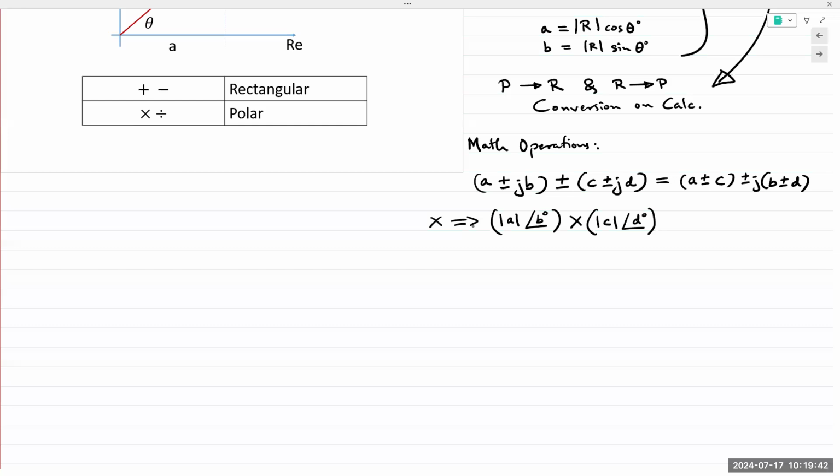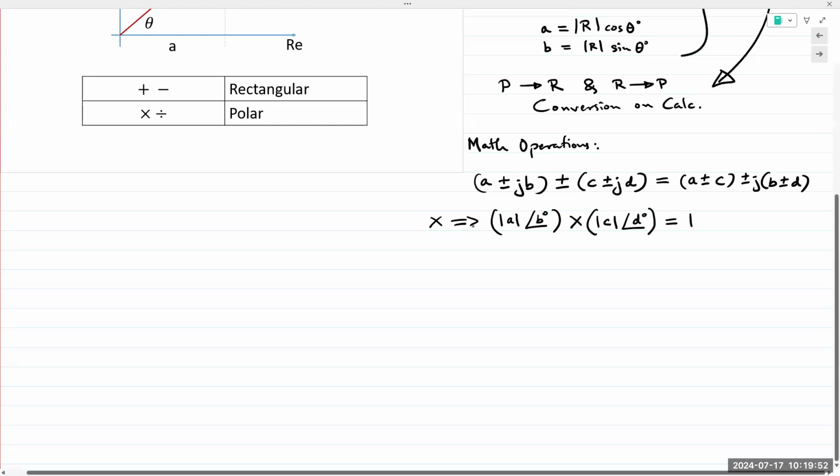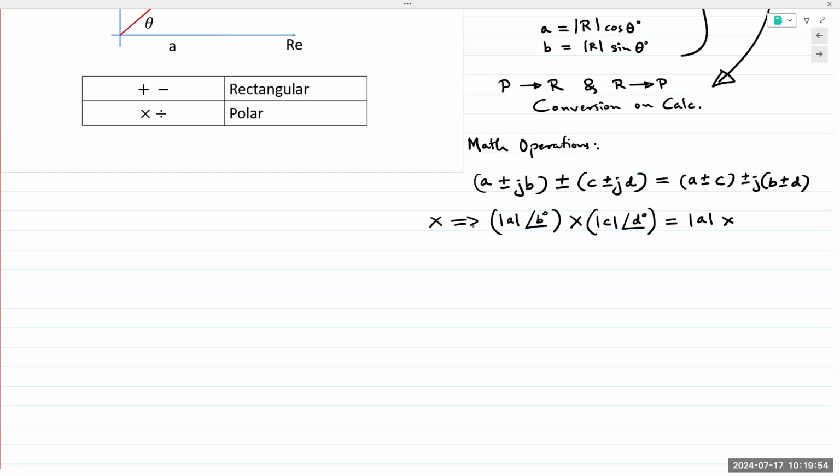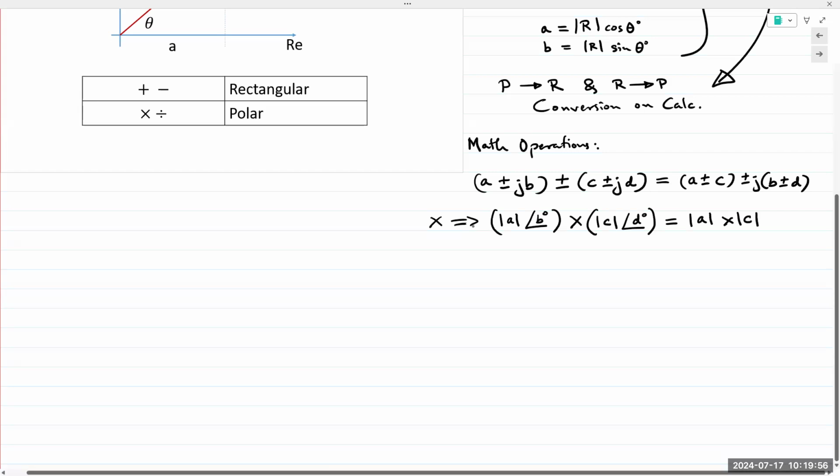It's similar to the addition subtraction. Yes, so we would multiply the magnitudes together.